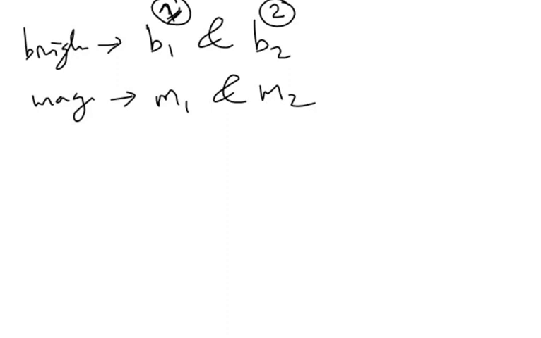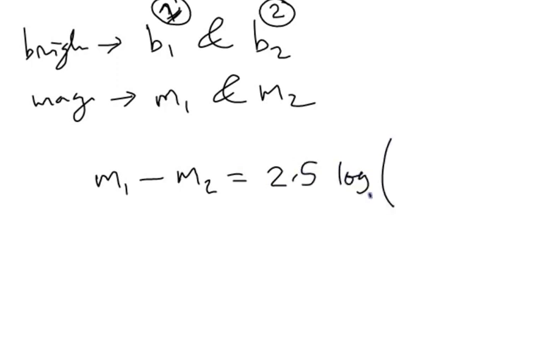Now the relationship that we have been talking about will be M1 minus M2 is equal to 2.5 times logarithm base 10 of B1 by B2. So this is how we define it.